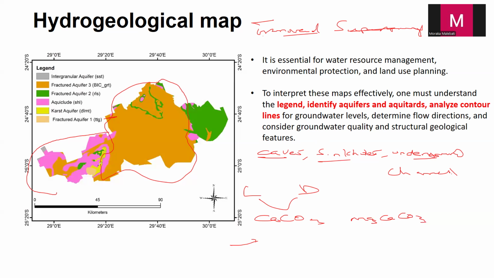So the people who are sitting here, when they drill, can find more groundwater. All right. So you can now see that the karst regions are potential sites for high-yielding wells, or for example springs as well.